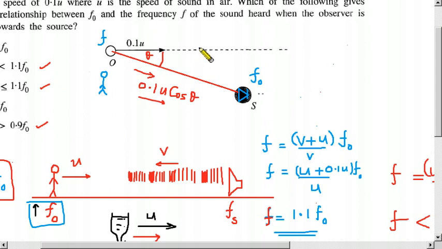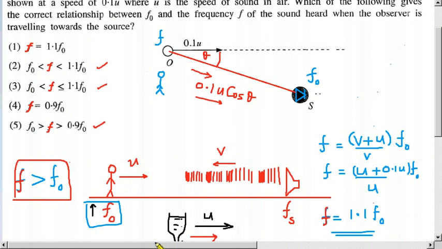Even though it comes closer to this one, the theta does not vanish, the theta is still there. So until there is an angle, we must take the cos theta, so it is less than, not equal. Therefore this one is the final answer, that goes with our calculation.